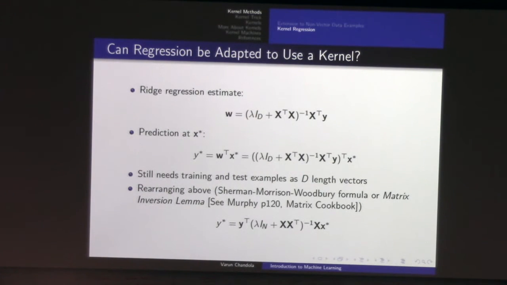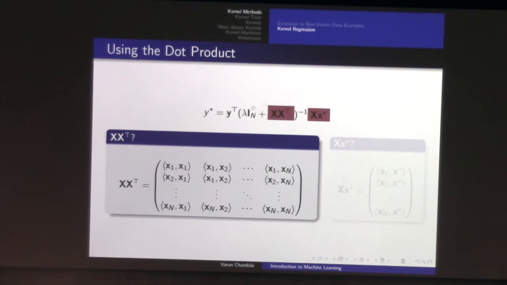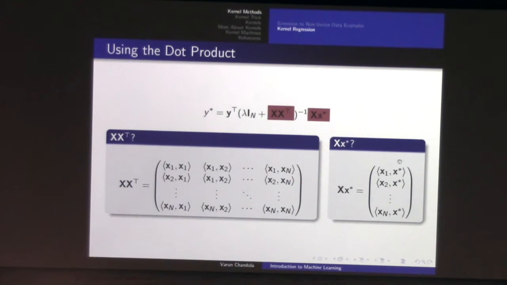For linear regression, the main idea is that this is how the expression looks, but then we rearrange it using this Sherman-Morrison-Woodbury formula. It looks like this, and if you analyze these parts, these are the parts where you have the input data. It turns out that the input data always exists as a dot product between a pair of objects, right? Either you're taking a dot product between two training data objects, or between your training data objects and your new object.